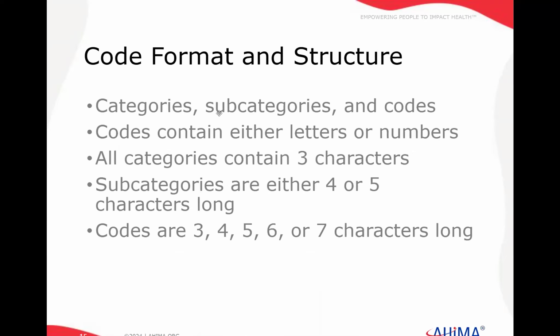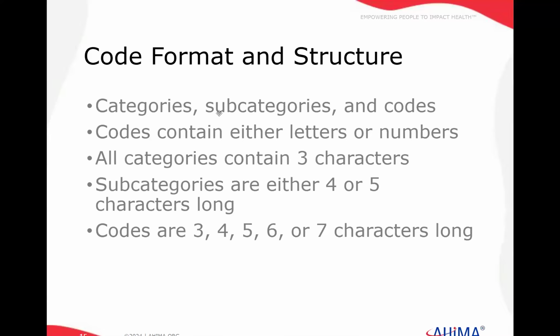Codes have a specific code format and structure. All codes contain either letters or numbers. At minimum, they have 3 characters, such as I-10. Some categories are either 4 or 5 characters long.